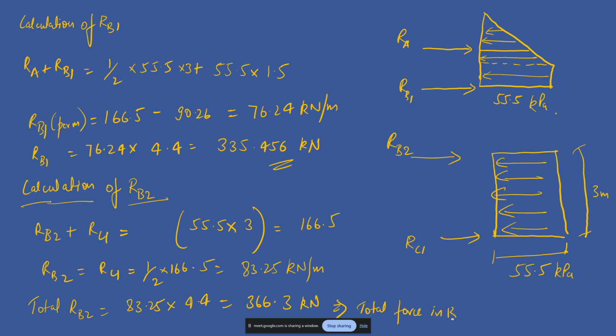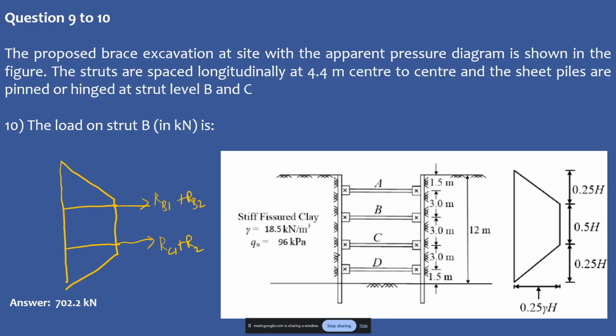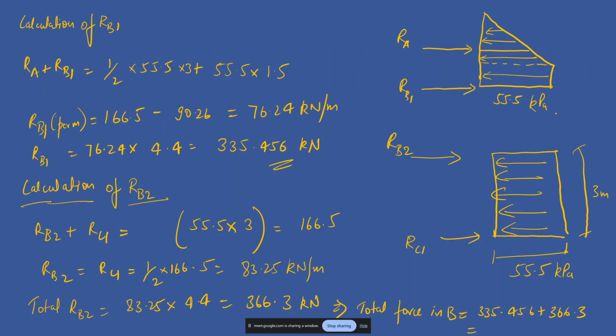So total force in B is 335.456 plus 366.3. So how much are you getting? 702, approximately.